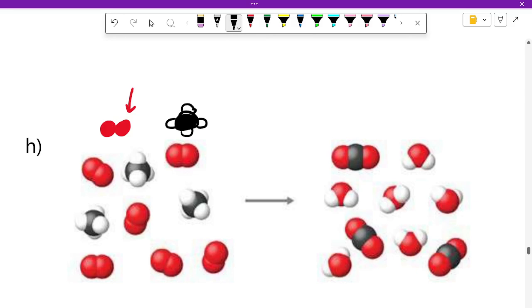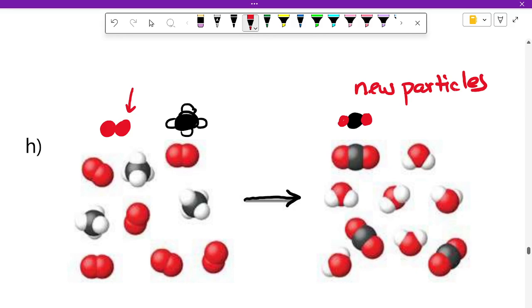Is that what we have on the other side of the arrow? Do we still have the little double red things? No, now we have a black thing with 2 red things. Do we have new particles? New particles. Is that chemical or physical? Chemical.